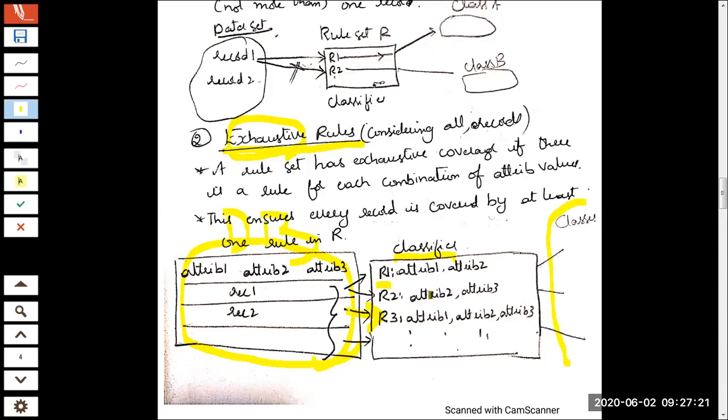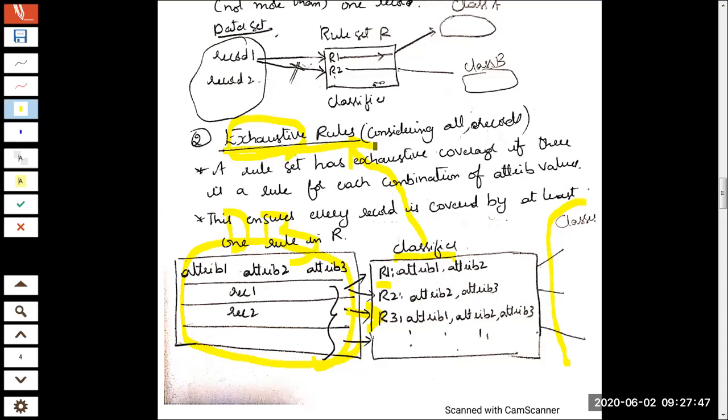All the attributes are included in one rule or the other. It is not that they should all be in one single rule. Ultimately all the attributes are included, and in that case we call the rule set exhaustive. Everything has been covered, so we have not done any injustice to any of the attributes. That is the meaning.